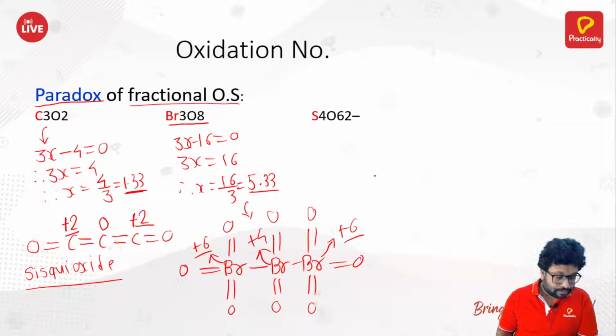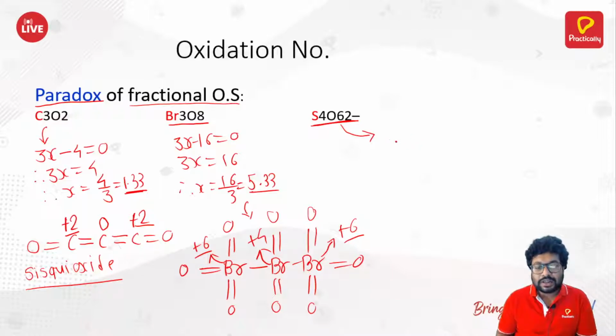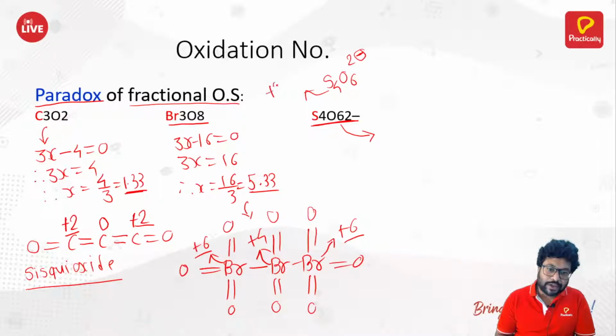Okay. Next is S4O6 2-. We had already seen its structure, but in that case we had seen it with the sodium. This time there is no sodium here. It is S4O6 2-, right? So each sulfur is in a +2.5 here, and we had seen it.